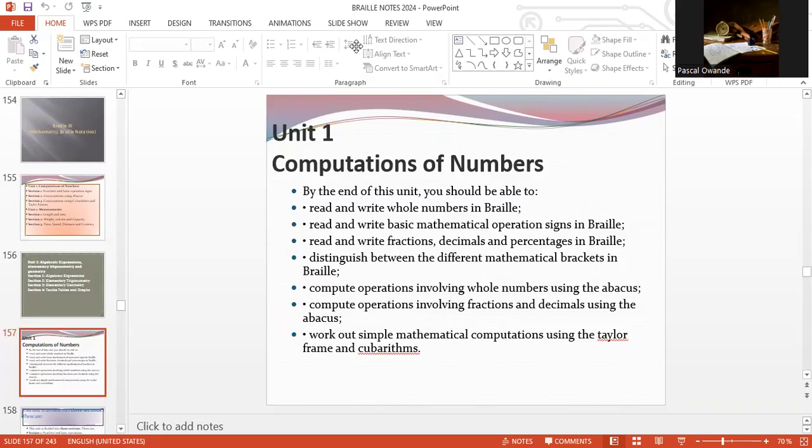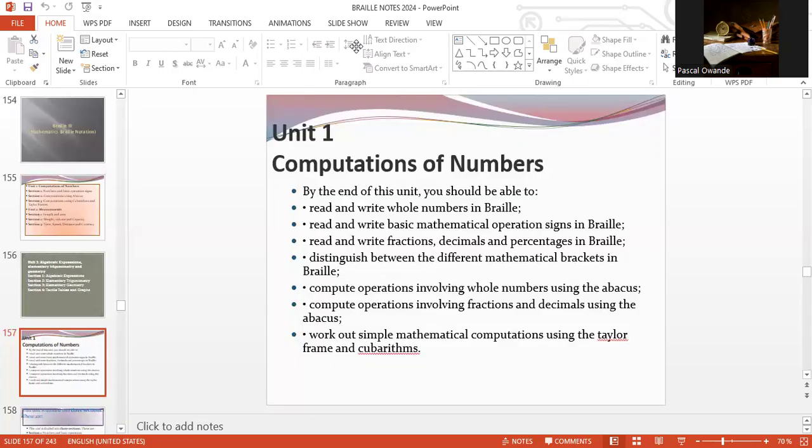They should be able to read and write basic mathematical operation signs in Braille. They should also be able to read and write fractions, decimals, and percentages in Braille. They should also be able to distinguish between the different mathematical brackets in Braille, and they should be able to compute operations involving all numbers using the abacus.